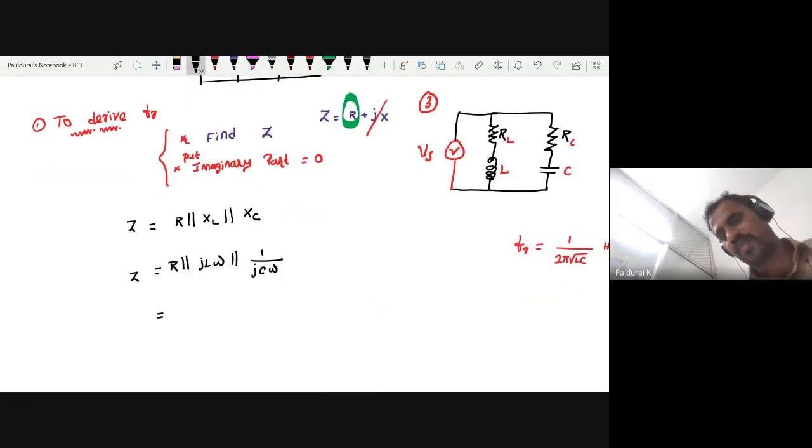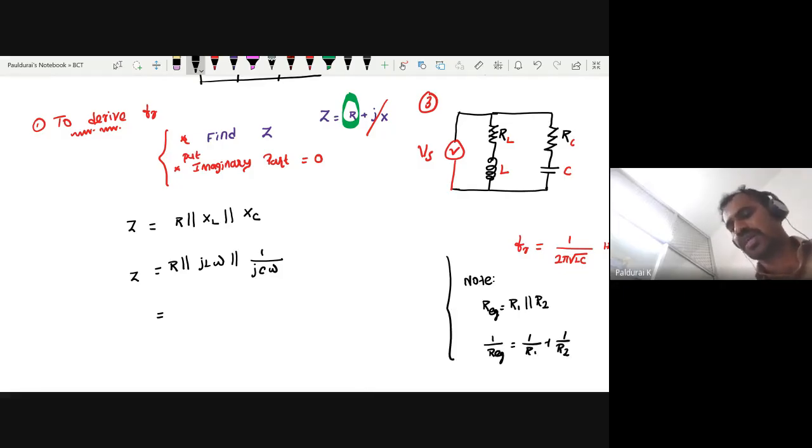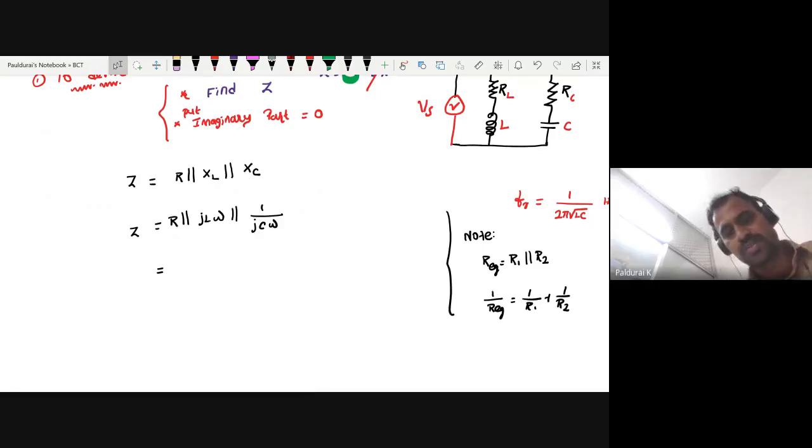What is the formula if R1 and R2 are connected in parallel? 1 by R equivalent is 1 by R1 plus 1 by R2. You know this formula from our unit 1. So similarly here, 1 by Z equals 1 by R plus 1 by j L omega plus 1 by 1 divided by j C omega.